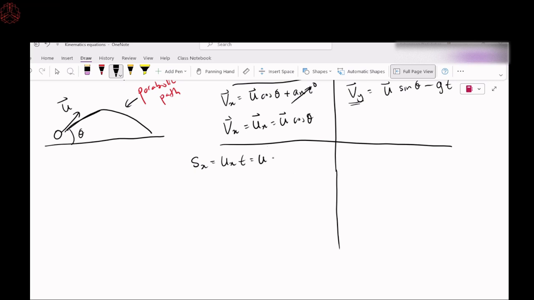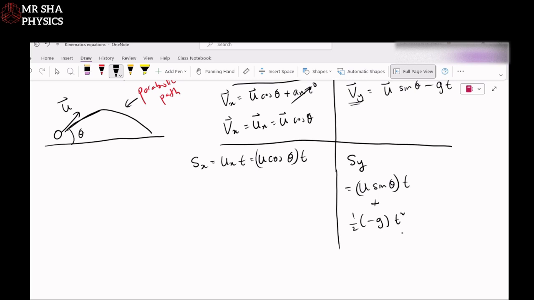So I'll have sx equals u cos theta times t, whereas my sy is a bit longer: u sin theta times t, plus half negative g t squared.